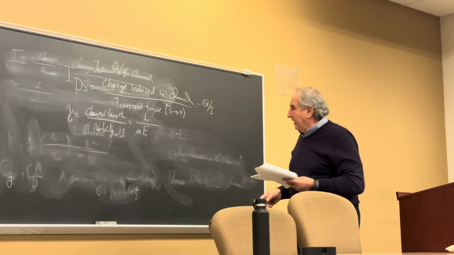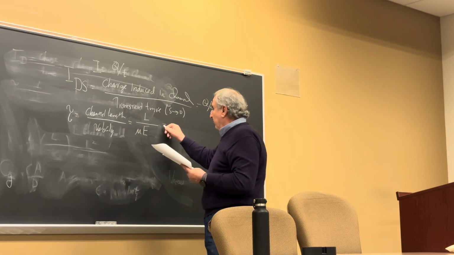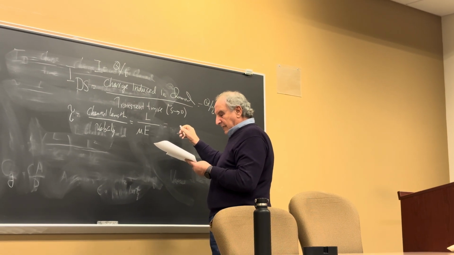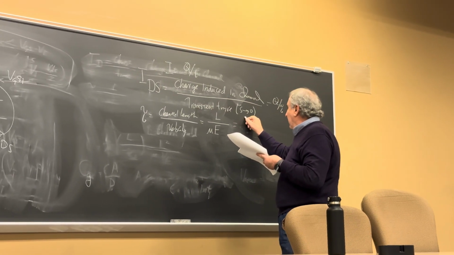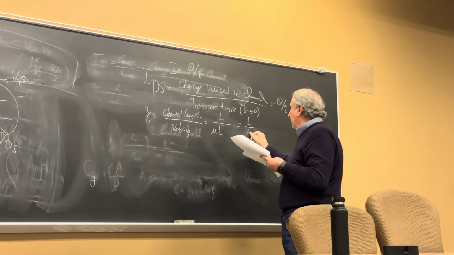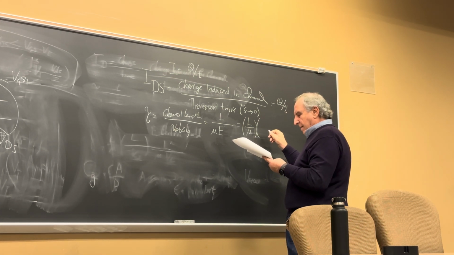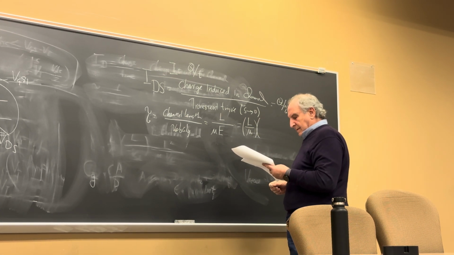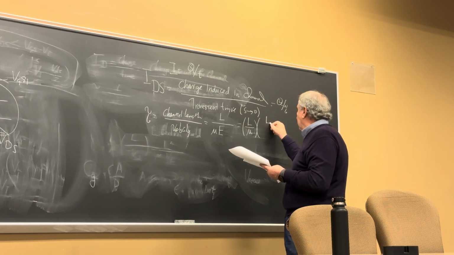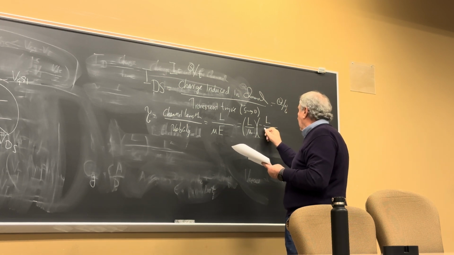Now, if you look at tau, I'm going to write it as L over mu times the field.